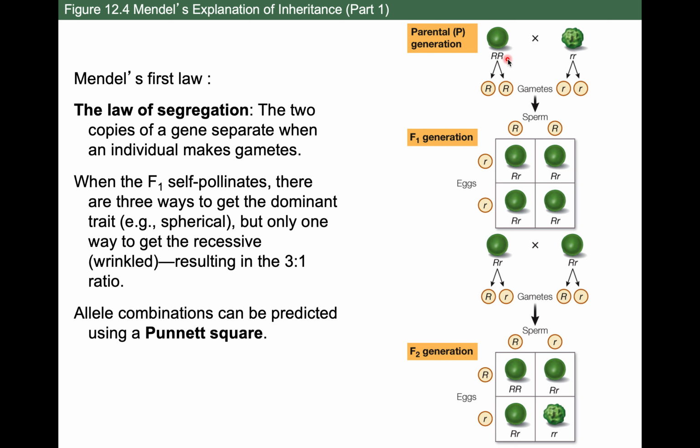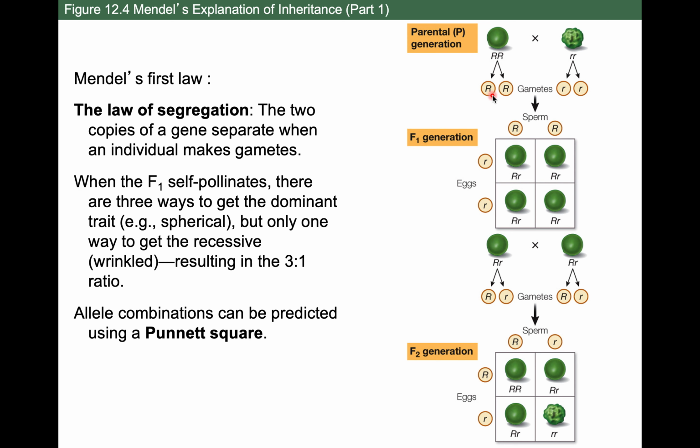The two copies of the R gene, for example, in this round-seeded pea plant. Those two copies are going to segregate from each other when this individual produces gametes, goes through meiosis and makes sperm or eggs, right? And I'll show you in a minute, but that just goes back to the homologous chromosomes separating from each other in meiosis.